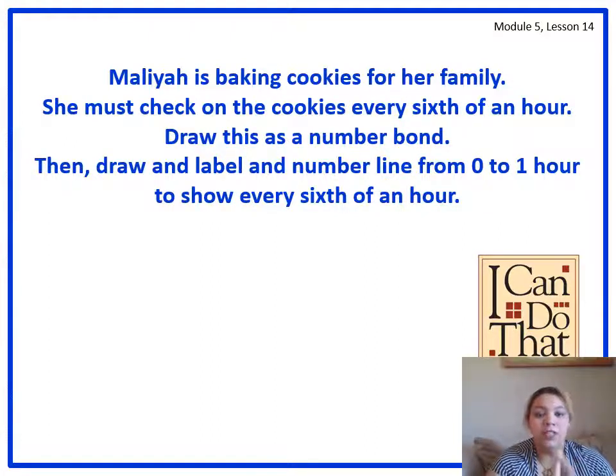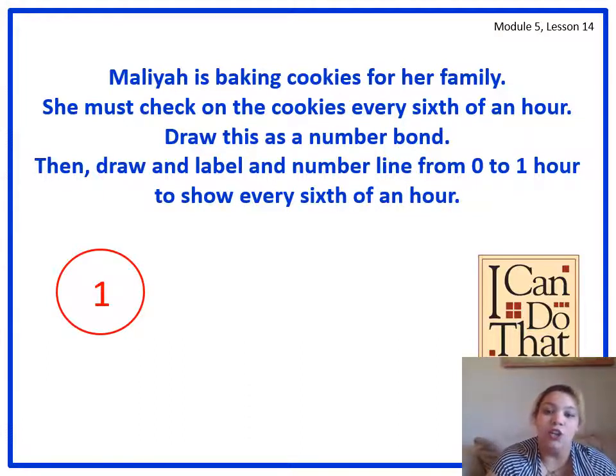So the first thing it told us to do was draw it as a number bond. We know that the total number of cookies is going to represent one whole. So let me go ahead and draw my one whole. Now, it says that she's checking on her cookies every 1/6 of an hour. So if I'm checking on it every 1/6, how many equal parts does that mean each of my bonds has to be?